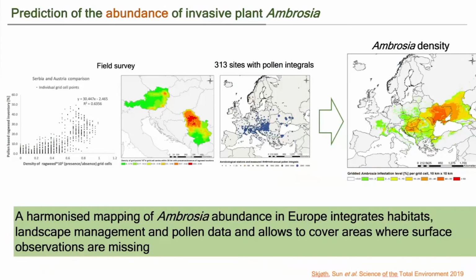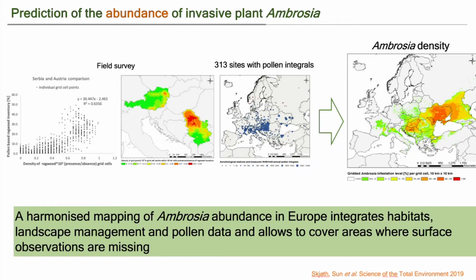For example, here we try to predict the abundance. So we correlate the field survey data of the pollen data and the density data of the ragweed. Then based on the annual density data and pollen data of Ambrosia, we are able to estimate the current situation of Ambrosia population level across Europe.